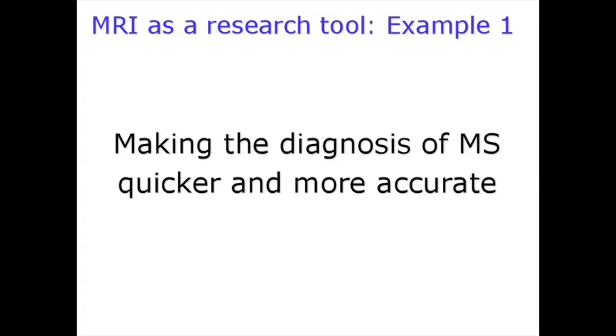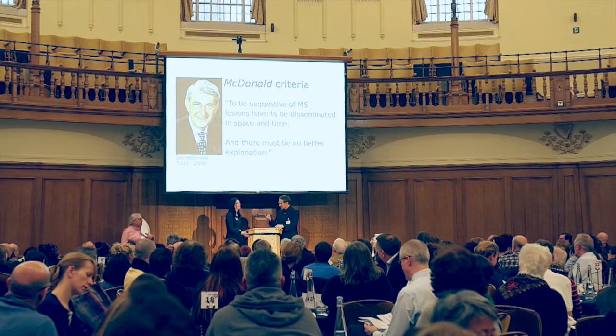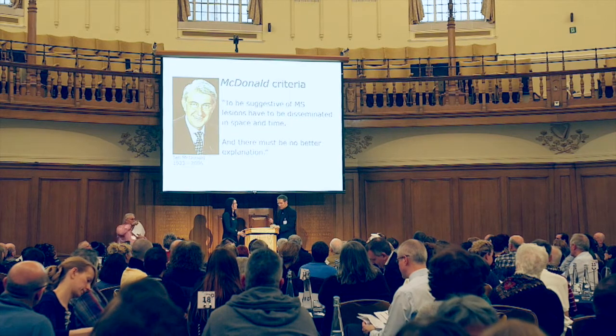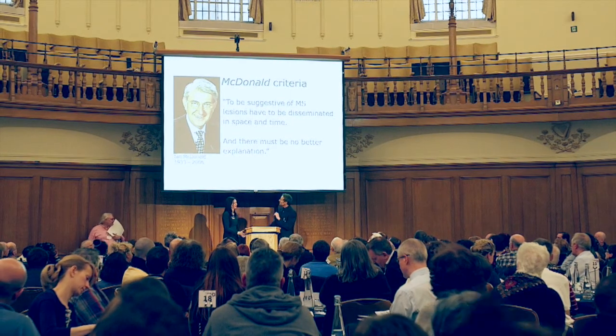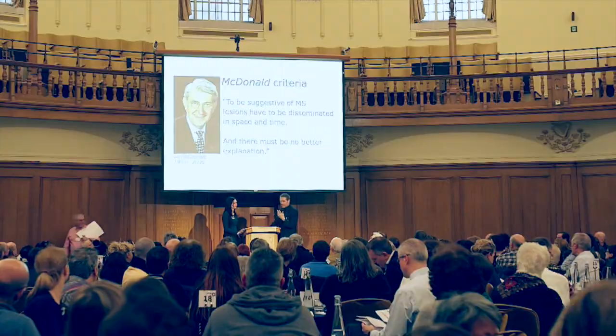So the first one is trying to make the diagnosis quicker and more accurate. Many of you may remember this gentleman, Ian McDonald, who sadly passed away in 2006. He was responsible for the installation of the first MRI scanner dedicated to MS research at Queen Square about 30 years ago.